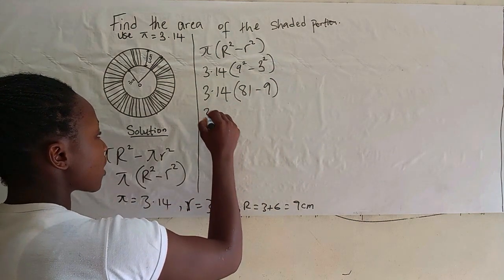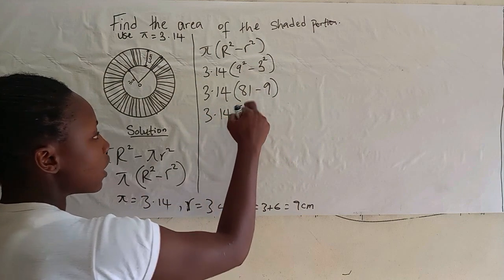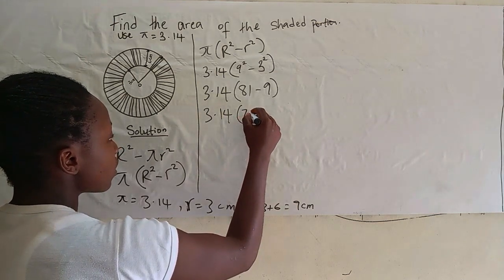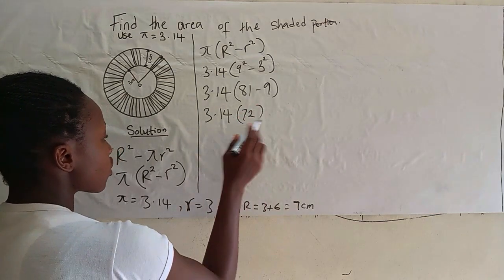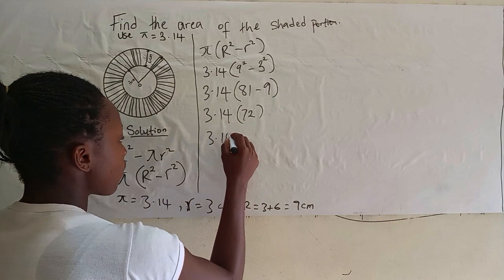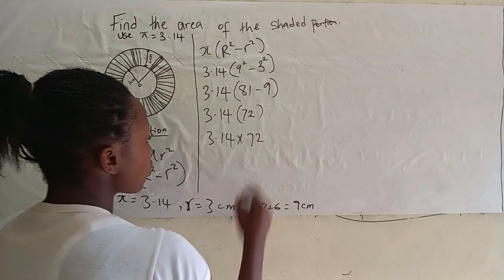So we are subtracting this. 81 minus 9 is going to give us 72. So we are multiplying 3.14 times 72.